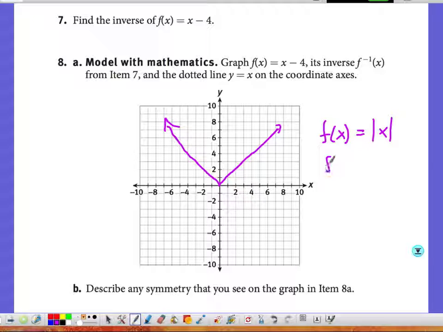And when we graphed g of x equals negative the absolute value of x, the graph was reflected over the x-axis. So the x-axis acted like a mirror. It was a reflection across the x-axis.